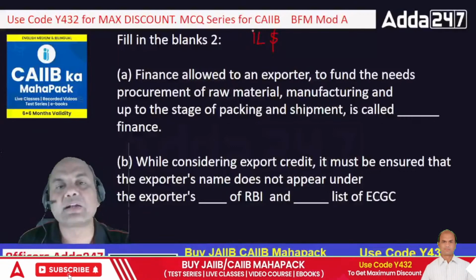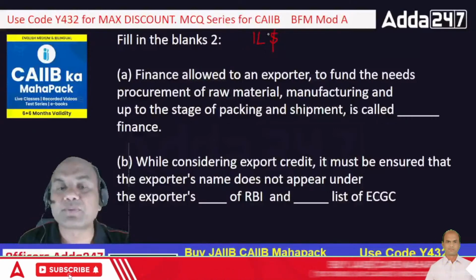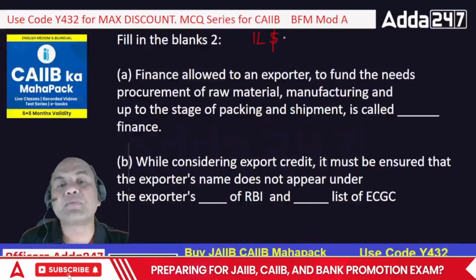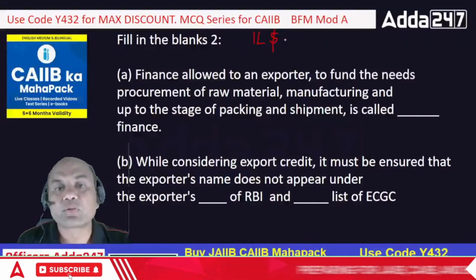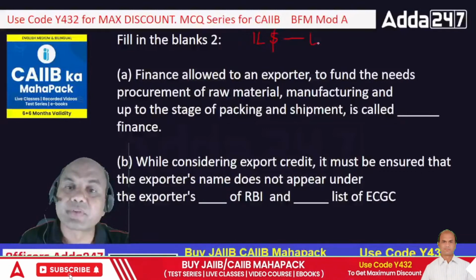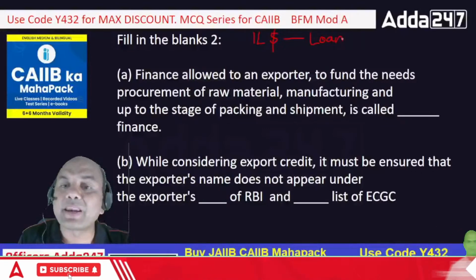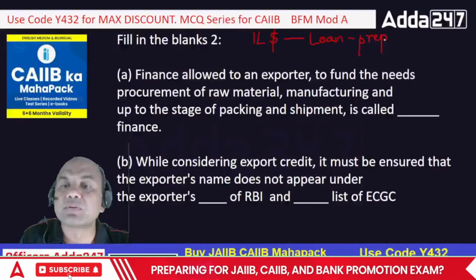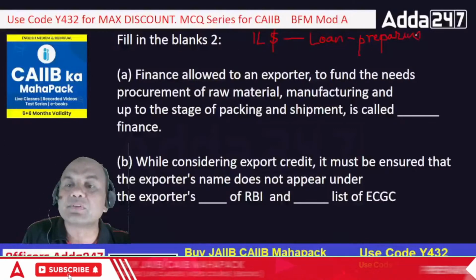To prepare this order, I'll need some funds, and I don't have them. So I'll have to get them from the bank. The bank will give me a loan for preparing the goods.